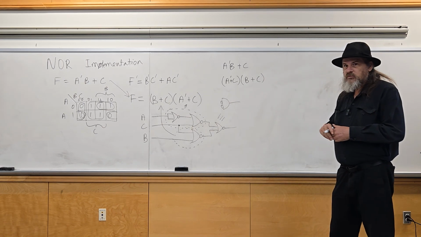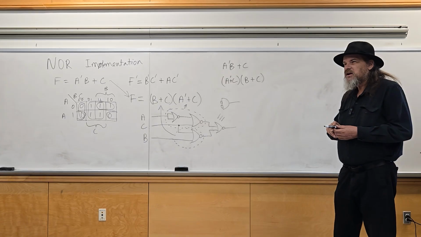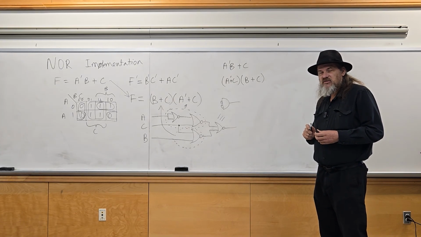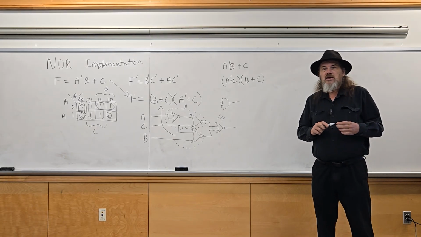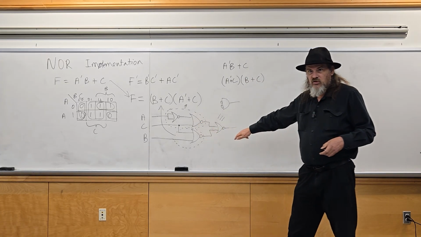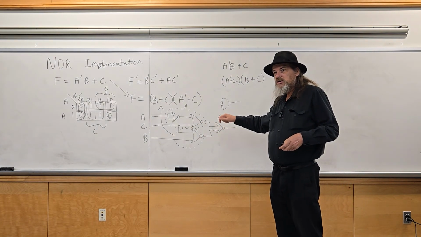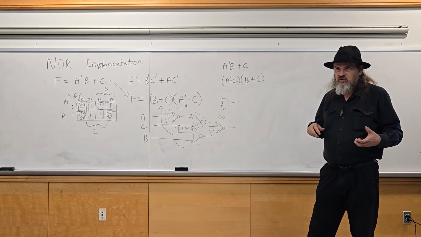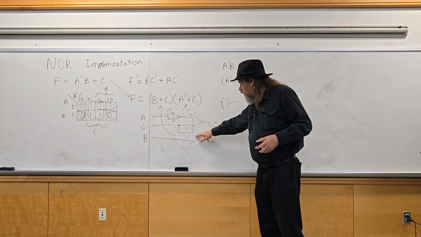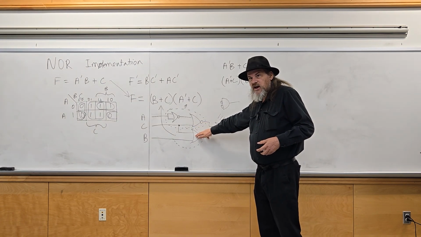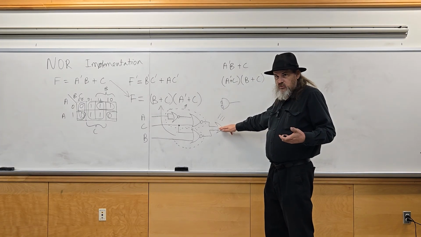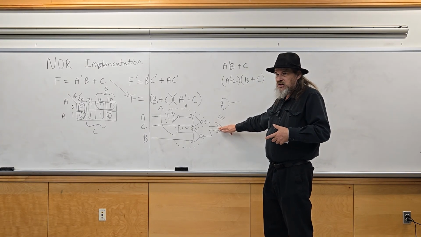And I believe the same kind of goes with what I was saying with the NAND gates. This type of implementation uses fewer transistors. The NOR gate has a minimum of 2 transistors, whereas an OR gate has a minimum of 3. So you're using only 4 here instead of 6, and a NOR gate has a minimum of 2, and an AND gate has a minimum of 3 transistors.